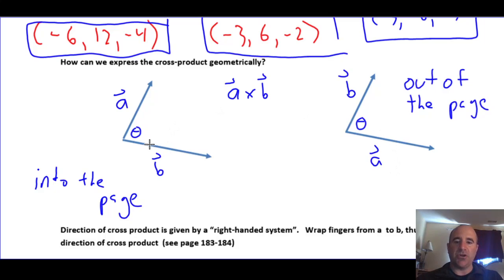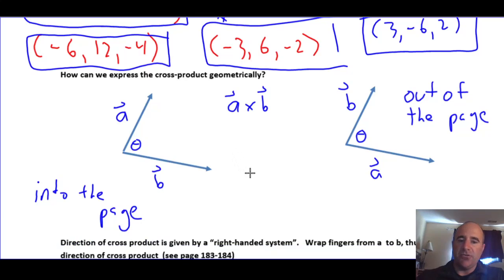If you take a screwdriver or a wrench and go from A to B, that is going to tighten the screw or bolt into the page. Going from A to B the other way is going to loosen it, bringing the screw out of the page. Righty-tighty, lefty-loosey, if you've ever been told that using a wrench or a screwdriver, it's the exact same thing. So that's kind of convenient.